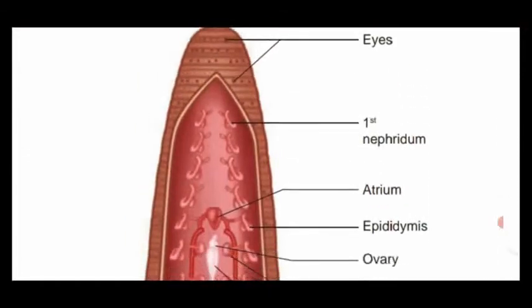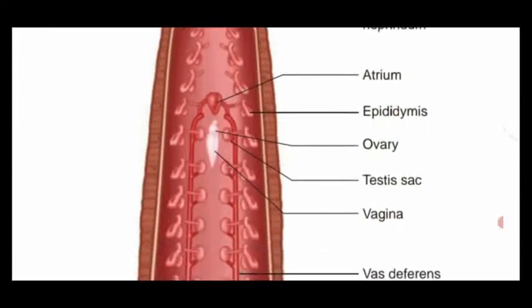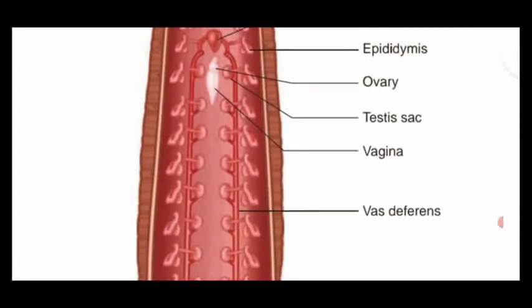Dear students, this is the reproductive system diagram of leech which contains both the sex organs, that is, the male sex organ and the female sex organ. The male sex organ constitutes atrium, epididymis, testis sac and vas deferens.